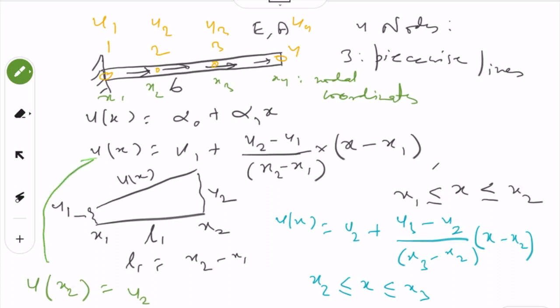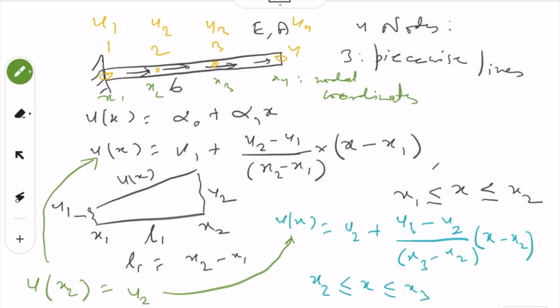Either you use this one or this one, you automatically get u(x2) equal to u2. That means continuity is automatically maintained. So this is a great way to write the trial function.